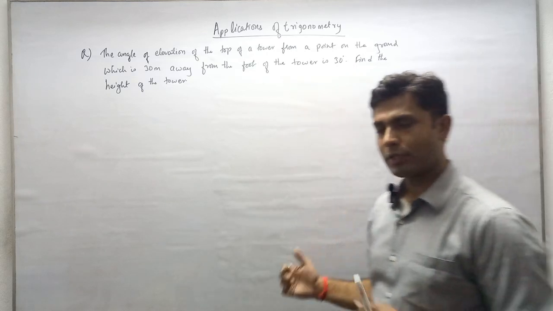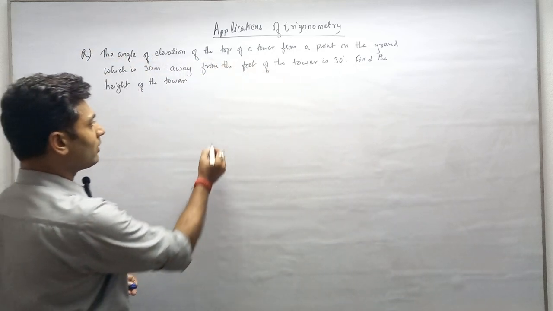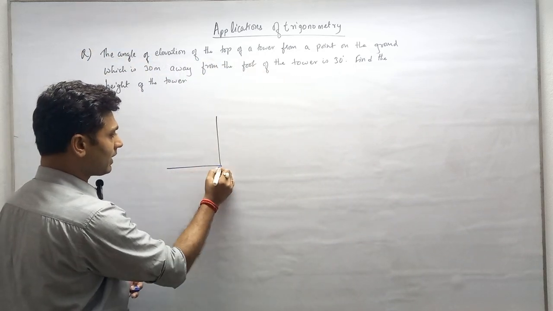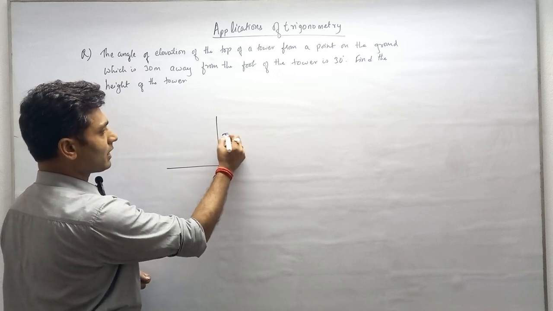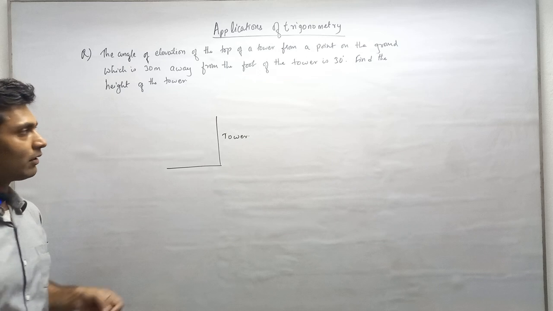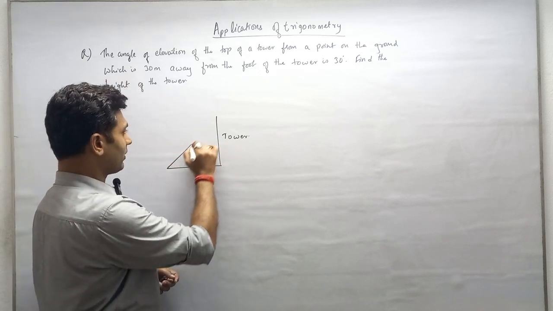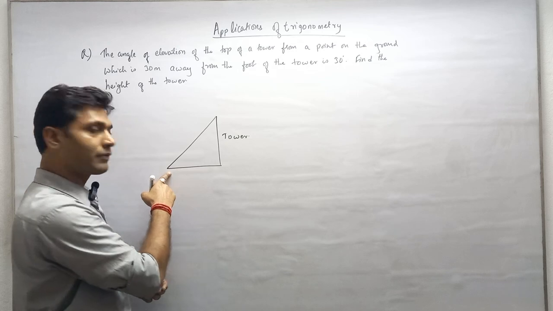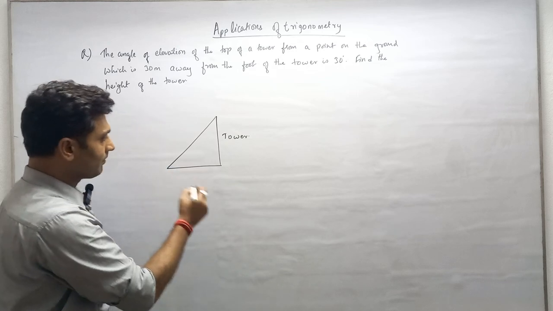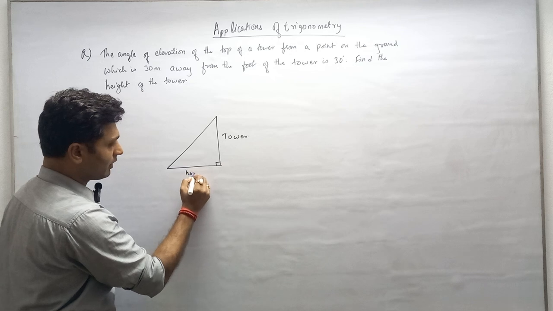But before we start a question I have written up, let us understand two things here. One is the angle of elevation. Let's say that this is a tower, and this tower is being observed from this point. The top of the tower is being observed from this point. This line is the horizontal.